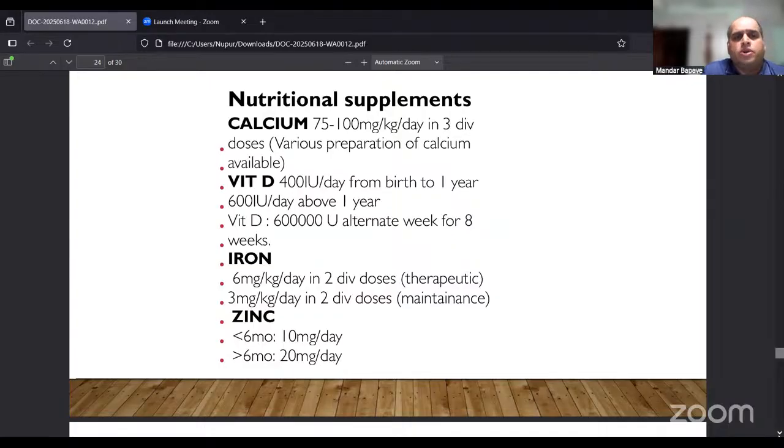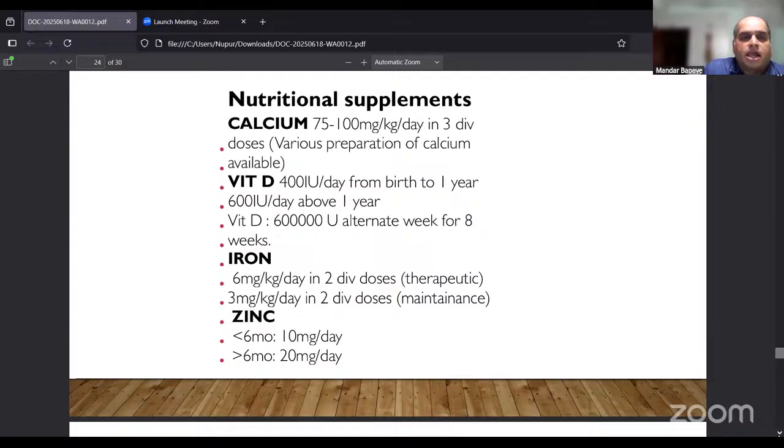What we have to take into consideration is how much elemental calcium is there in the bottle and how much vitamin D is there in the bottle. Our aim is to give fewer medications as far as possible to avoid default. The calcium phosphorus ratio should be 2:1. So there are various preparations of calcium available in different salts.